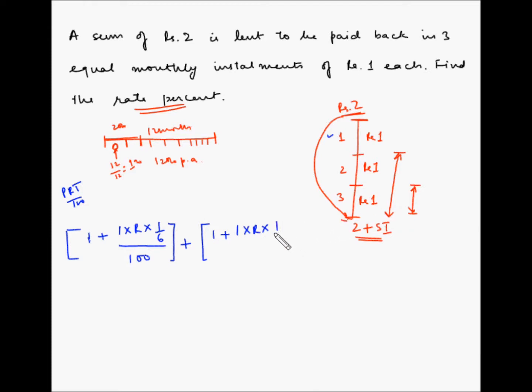So in terms of years, it will be 1 divided by 12, and this whole thing divided by 100, plus the third installment, which is rupee 1, and of course there is no saving in terms of interest for this, and this whole thing is equal to 2 plus the simple interest for 3 months on rupees 2. So principal is 2 multiplied by rate is R multiplied by a time period of 3 months, so 3 divided by 12, and this expression divided by 100.